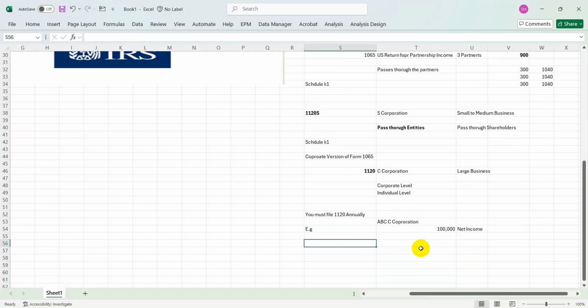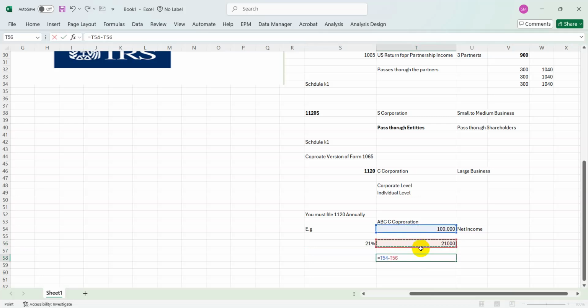So, for example, the first level, let's say 21 percent at the corporate level. So what will happen is you will multiply this by 21 percent. This is the tax. Now, this is the income that will be distributed among the shareholders as a dividend, or whatever name you can give, as a profit sharing or as a share of profits.